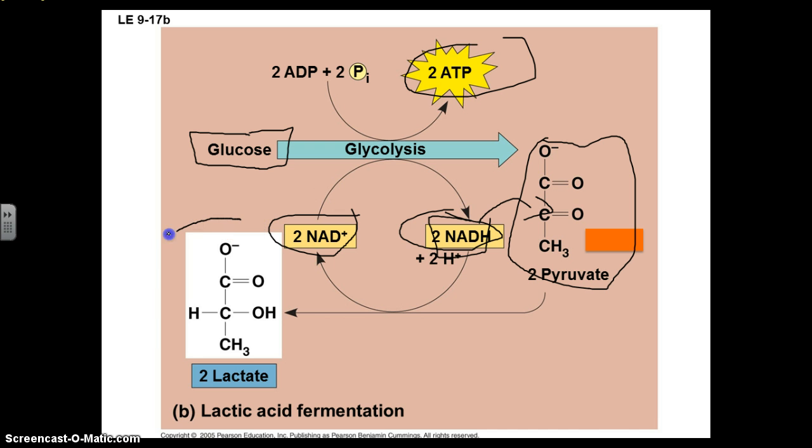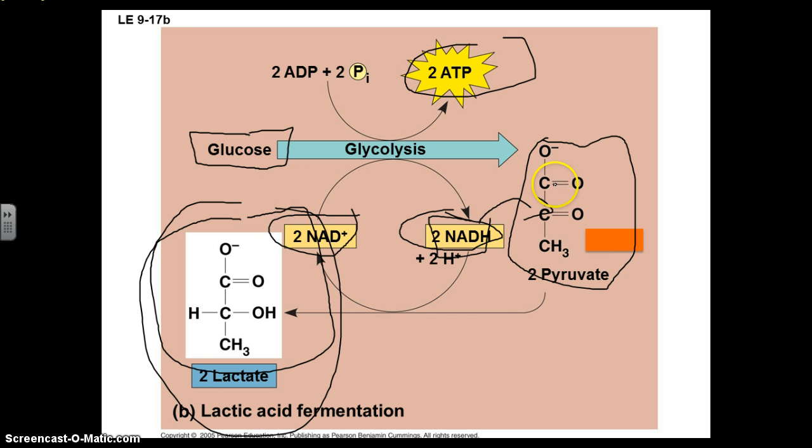And instead of producing ethanol, we produce lactate. And when lactate builds up in muscles, when they're low on O2, it causes cramps. So the main difference in lactic acid fermentation compared to alcohol fermentation is that we do not produce any carbon dioxide, and we also do not produce any ethanol. Instead, we produce lactate.